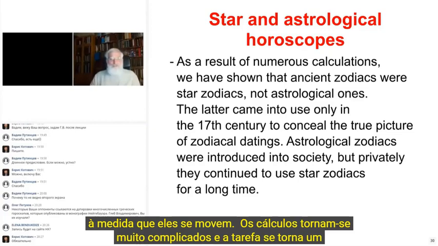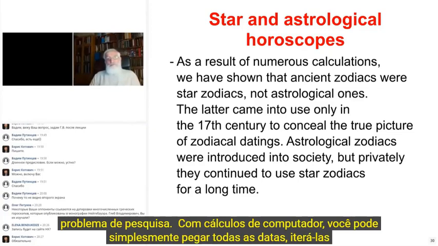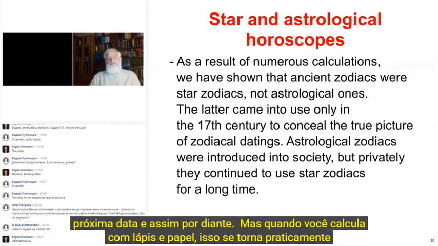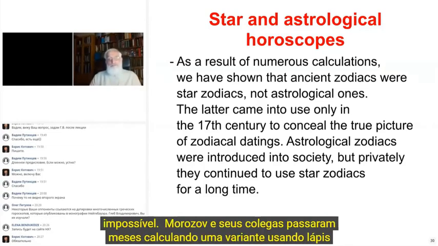The calculations become very complicated, and the task becomes a search problem. With computer calculations, you can simply take all the dates, iterate through them, and check. Take a certain date, mark the ecliptic by signs, then calculate and verify. Then take the next date, and so on. But when you calculate with pencil and paper, it becomes practically impossible.